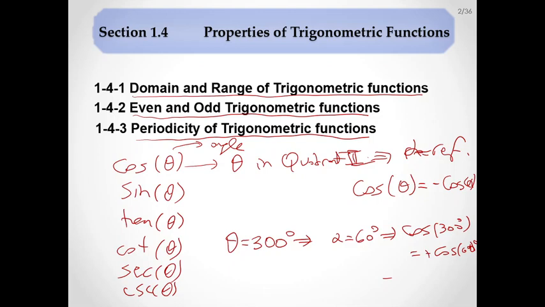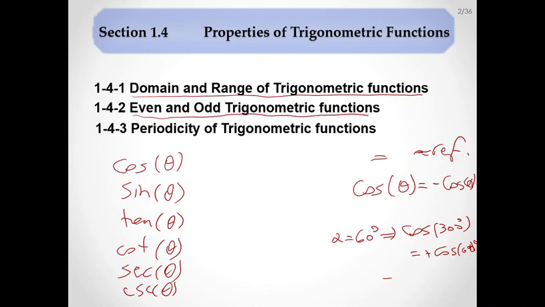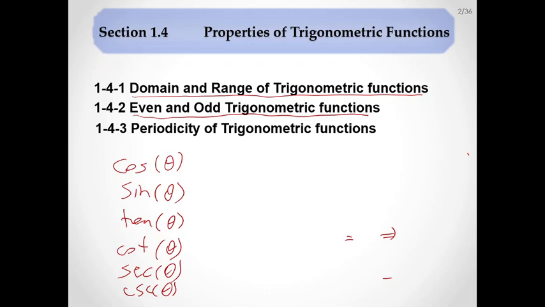You know how to do them. So we always reduce the angle to a right triangle. It's done this way. So for any values, now we will consider these functions as a function of x.